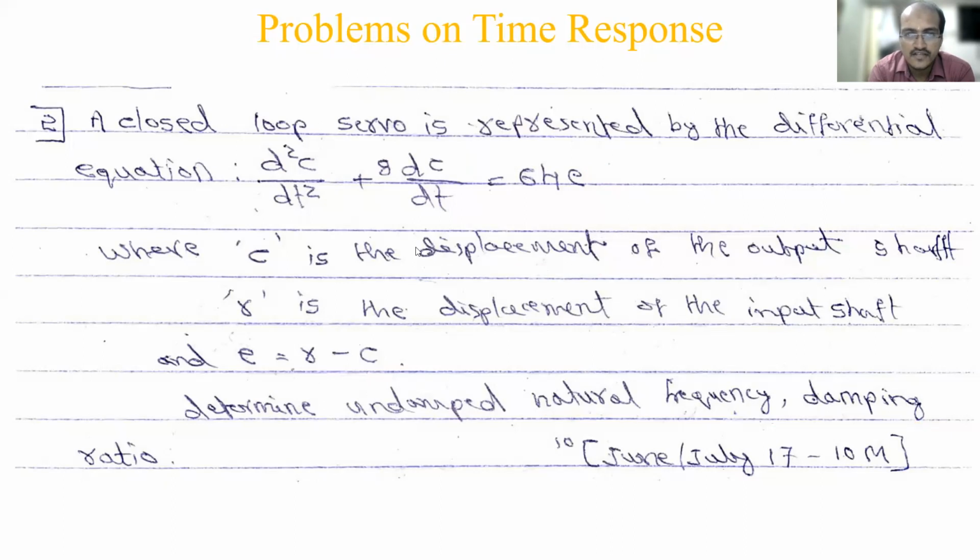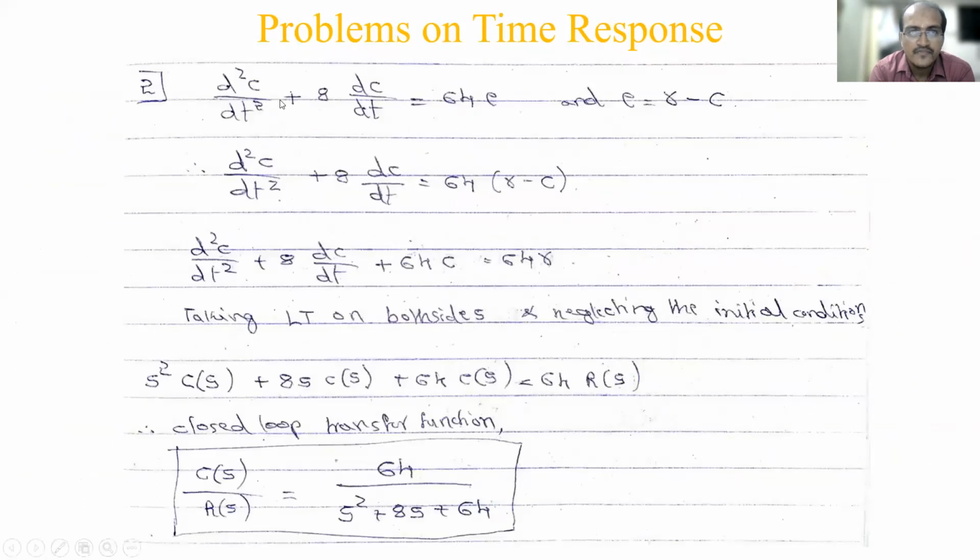Okay. So this differential equation we'll use and E equal to R minus C will substitute there in the E place. So d square C by dt square plus 8 dc by dt equals 64 E and E equal to R minus C. This is the given thing written down. So now we'll substitute here. In E place I have substituted R minus C in this equation.